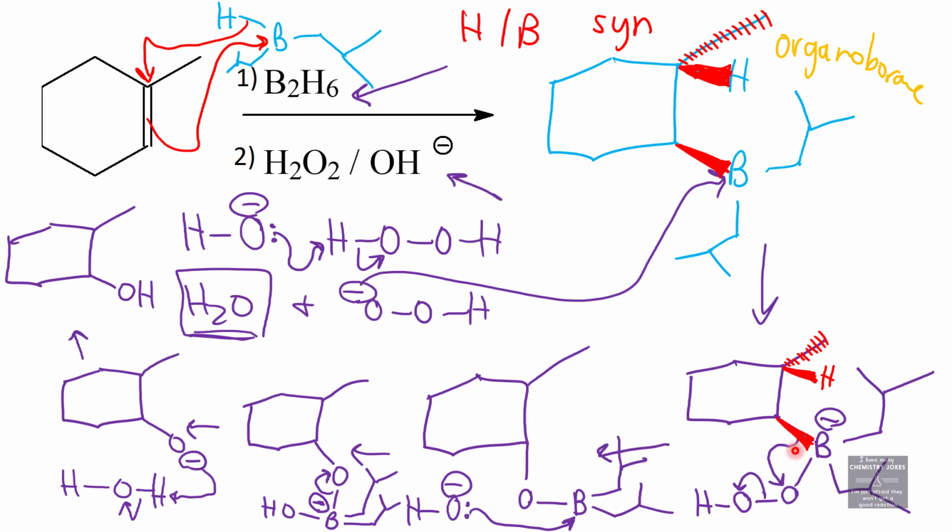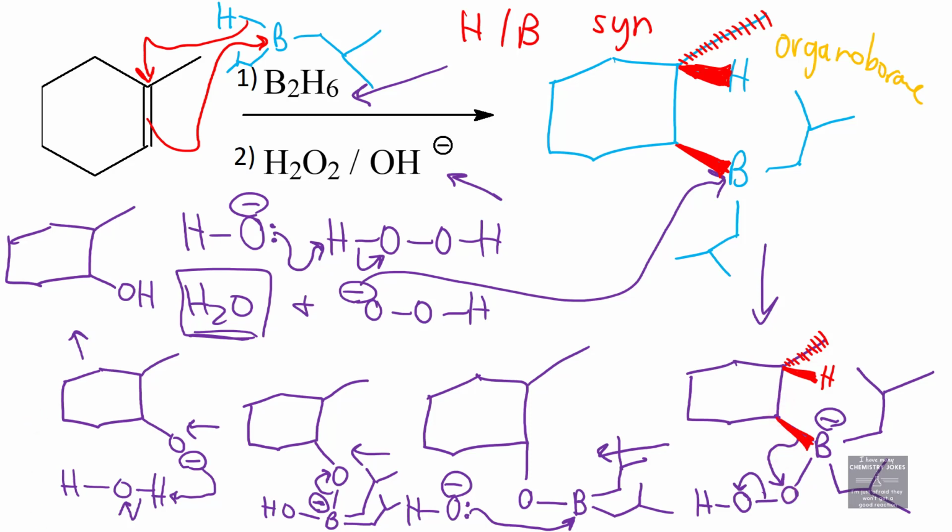When you do this corner migration step, that migration happens with retention of configuration. This carbon, that specific carbon, is not involved in the reaction. The electrons are transferring from the boron to the oxygen. Carbon was not participating there.